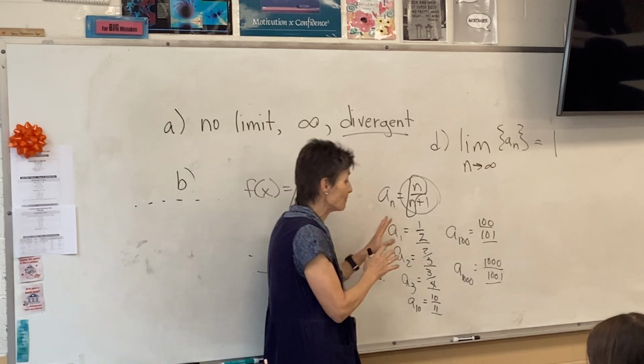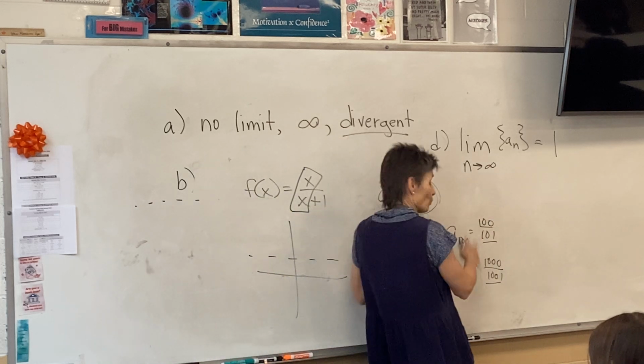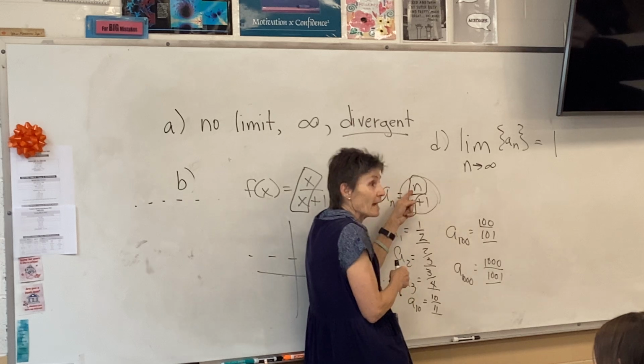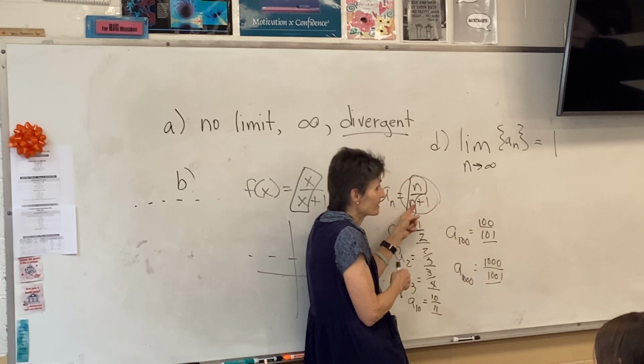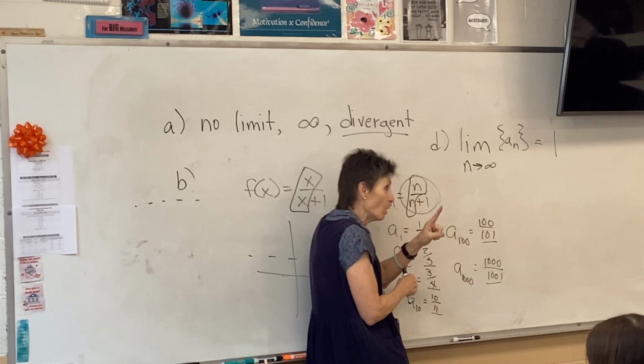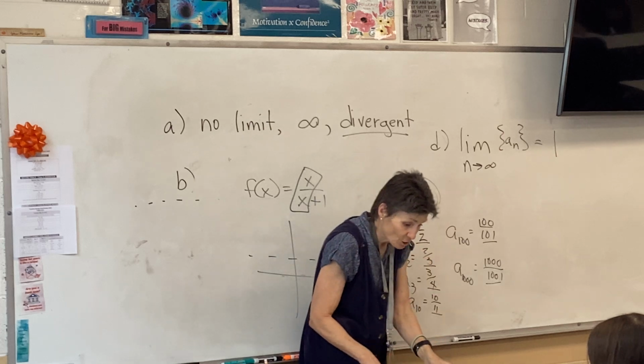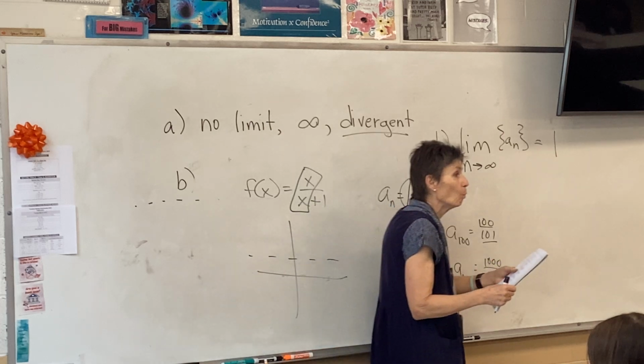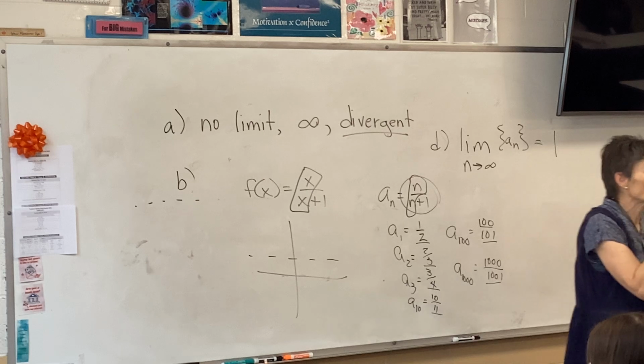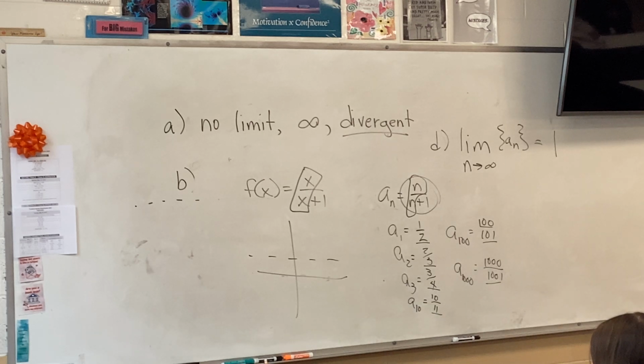So next time you do this problem, you're not gonna have to write all this out. You're gonna look at n over n plus 1 and say n over n is 1, and that's gonna be your answer.